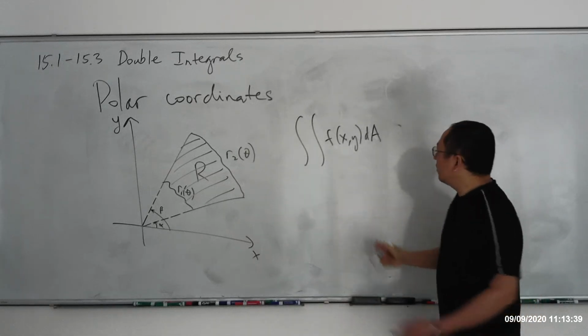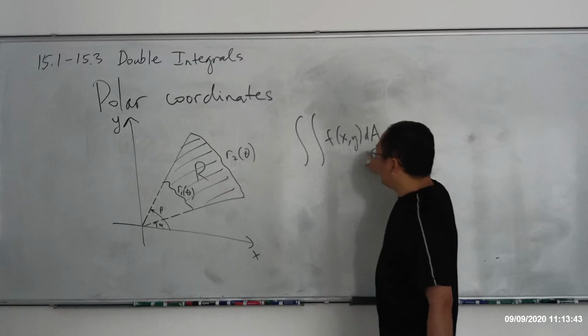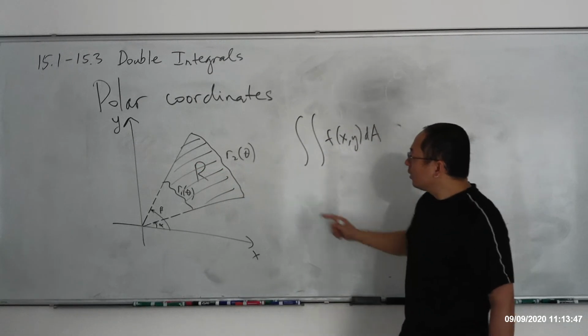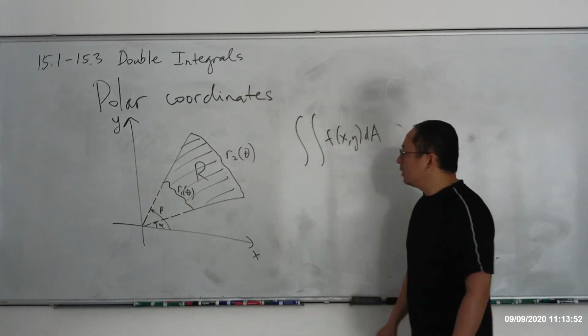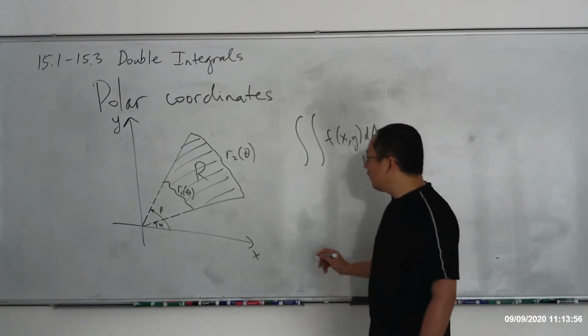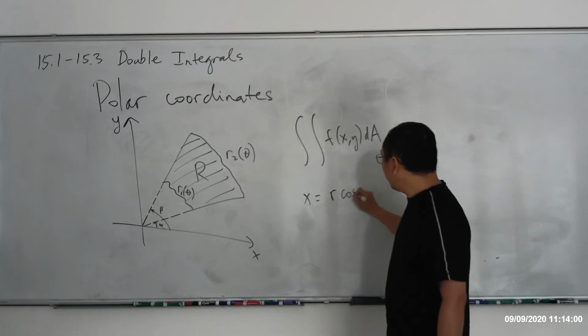Again, with the definition that we have, f(x, y) is a function up here, and dA is the area. But if you want to do it in polar coordinates, you have to convert all x and y into r and theta. We talked about polar coordinates, and we have a formula to change: x is equal to r cosine theta.